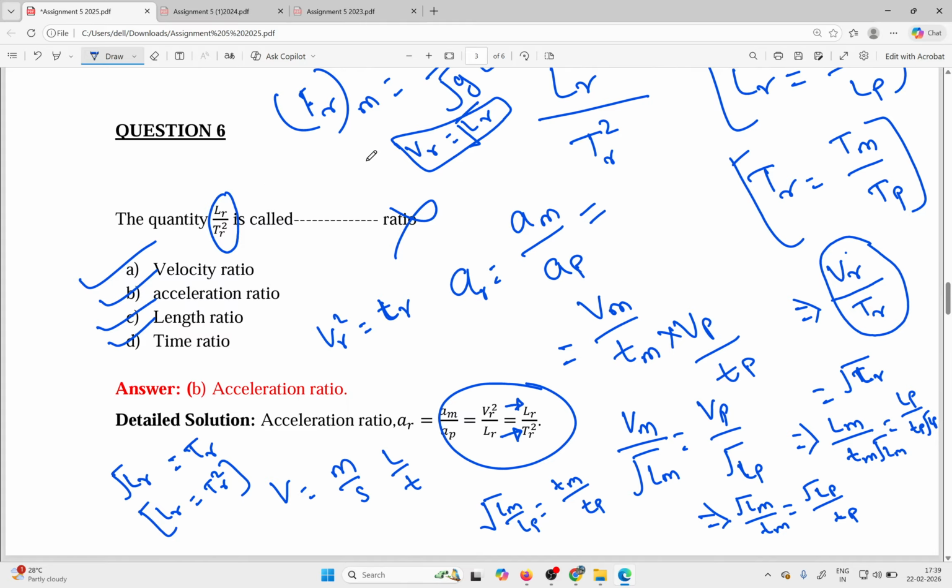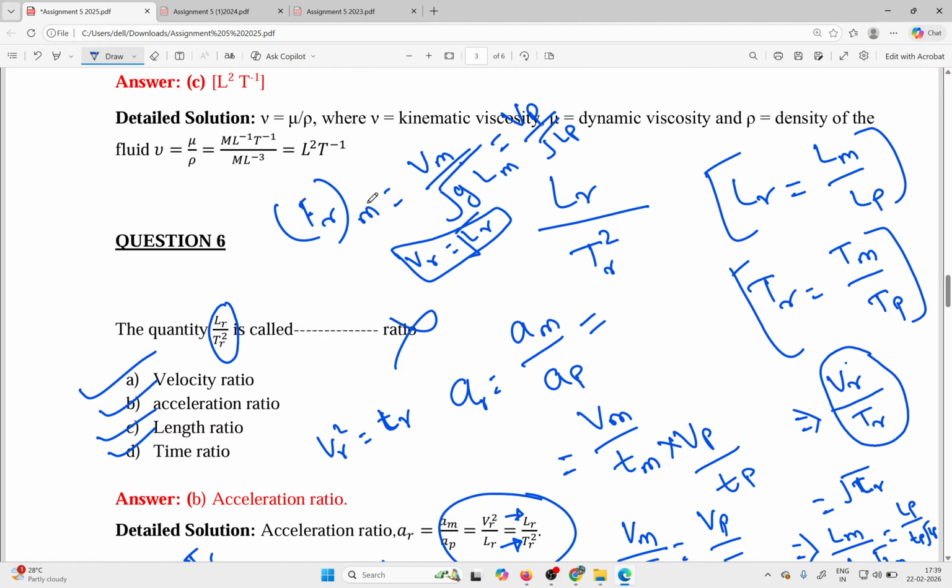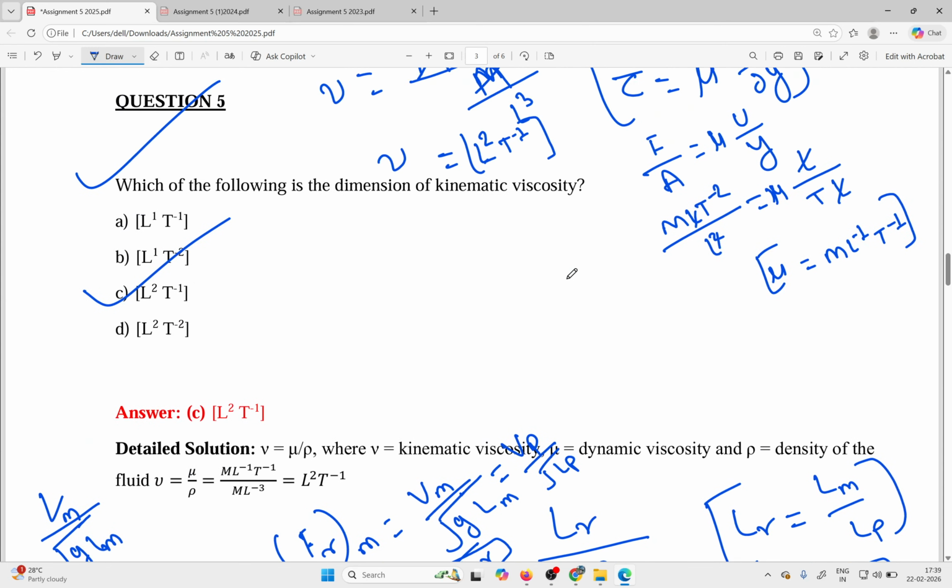One thing I can guess from here also. Vm divided by, g is the acceleration unit, and Lm. Let me go a little bit above here.